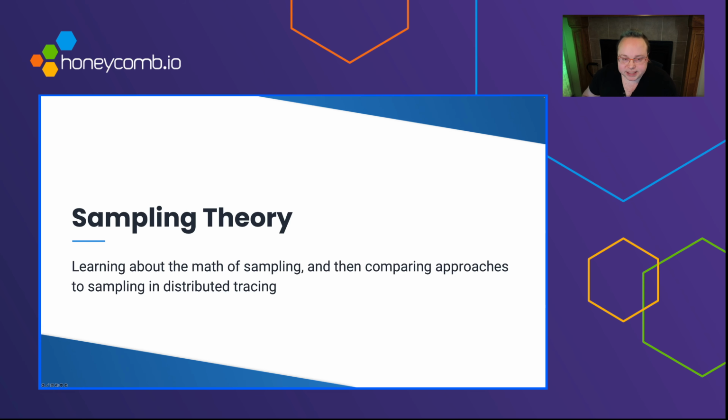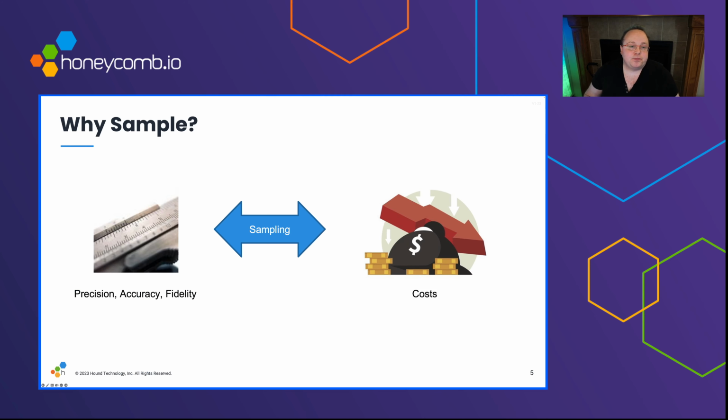Starting out with a little bit of sampling theory, when we talk about data analysis of any kind, with any sort of product like Honeycomb, you want to have all of the data. You want every metric, every trace, every log.